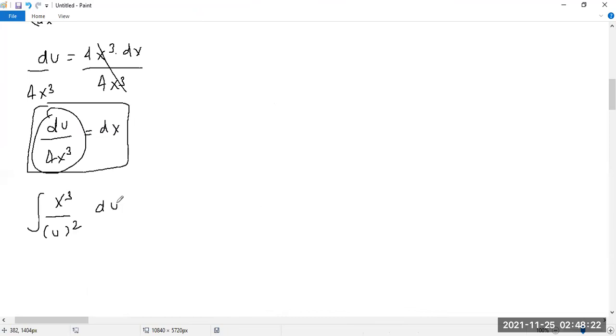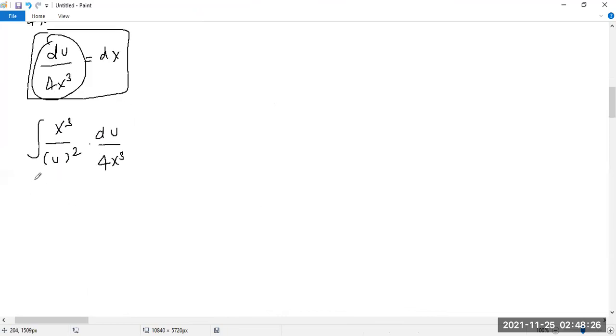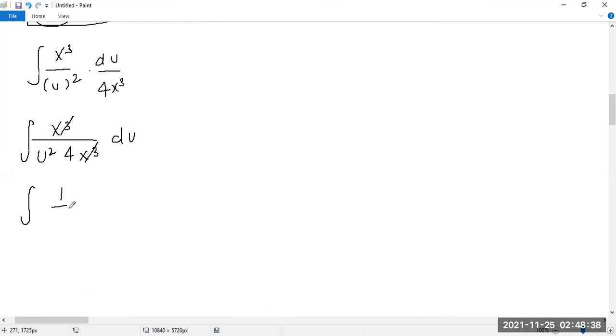And remember, this is multiplication. So this is the same thing as x cubed over u squared times du over 4x cubed. These x cubeds cancel out. So I have 1 over u squared times 1 over 4 du.